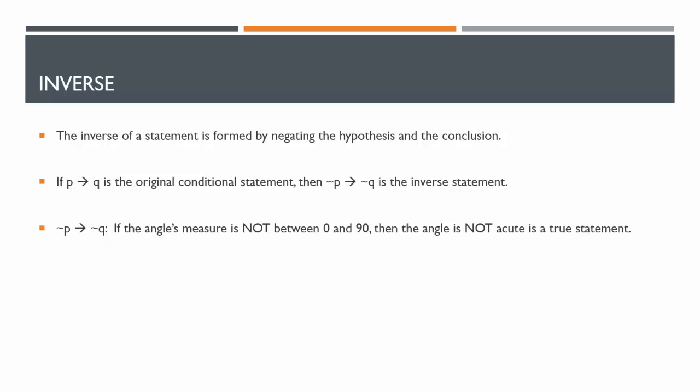That is also a true statement because if an angle is not between 0 and 90, then that angle cannot be acute. So again, the hypothesis is supported by the conclusion, and the conclusion is a natural assumption of the hypothesis.